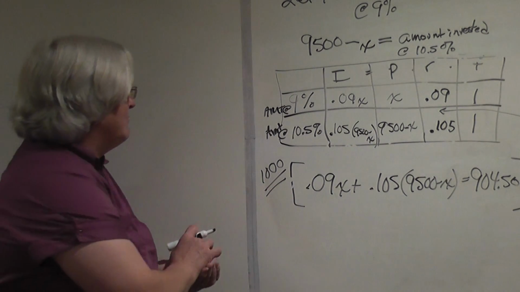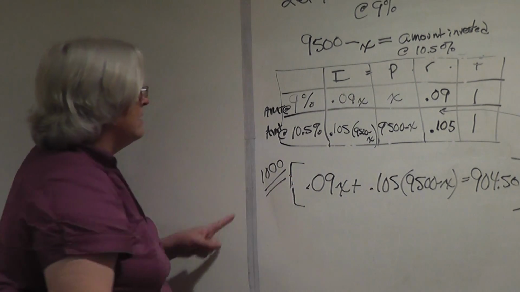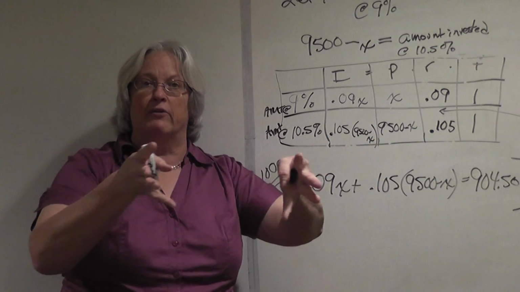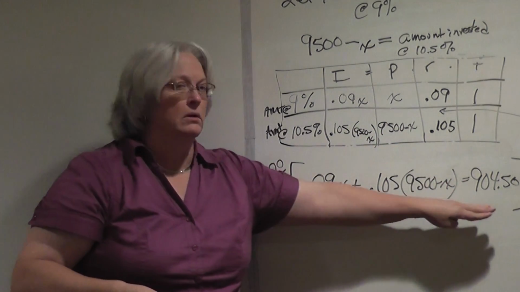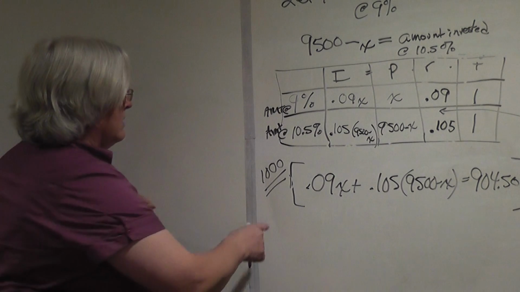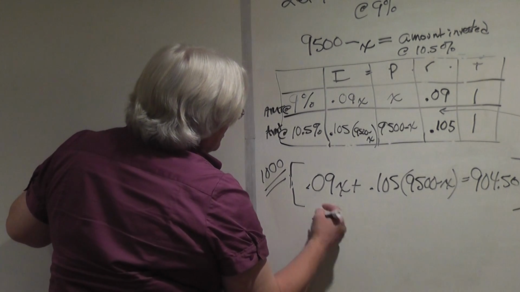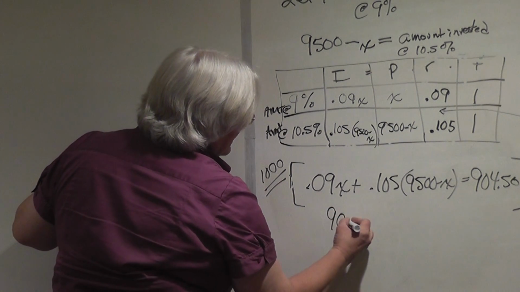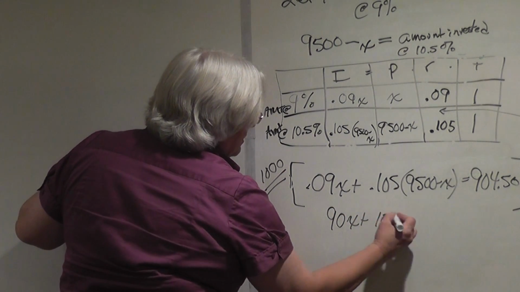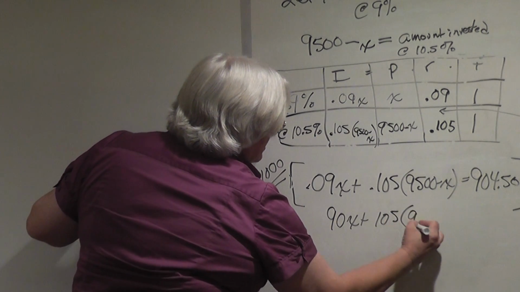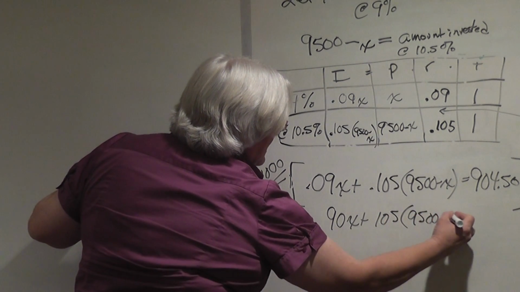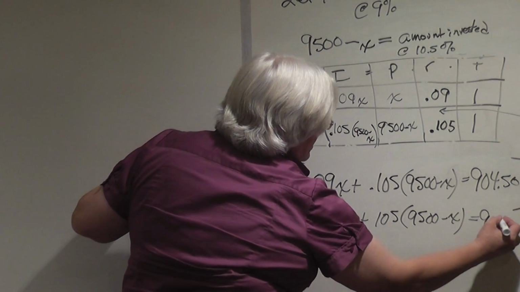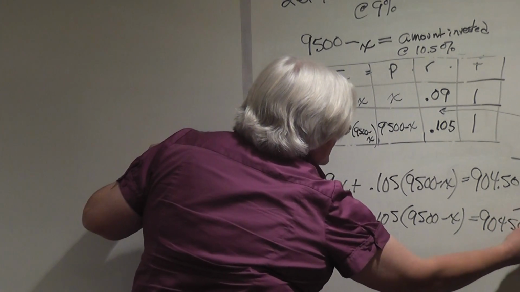What this means when I have the entire equation bracketed is that I'm going to multiply both sides of the equation, every term within there, by 1,000. 0.09x multiplied by 1,000, the decimal point moves 3 places to the right, you end up with 90x plus 105 times 9,500 minus x is equal to 904,500.